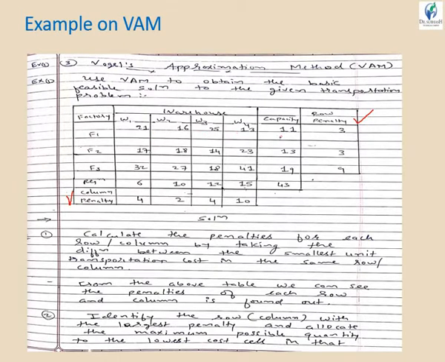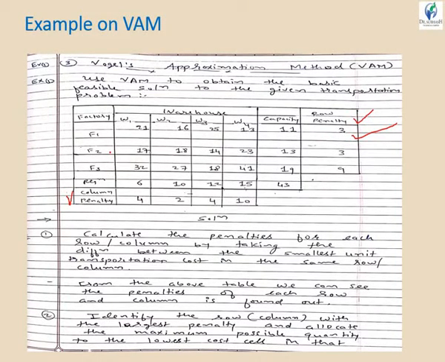You will have to take the difference of the 2 lowest cells. The lowest value is 13, then the next lowest value is 16. Taking the difference of 13 and 16 will give you 3.